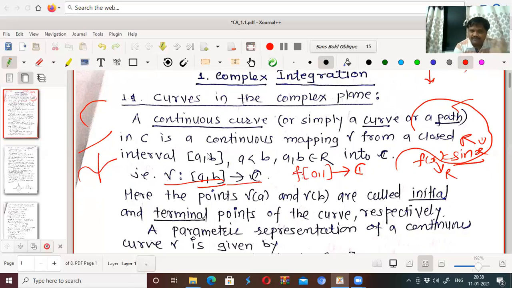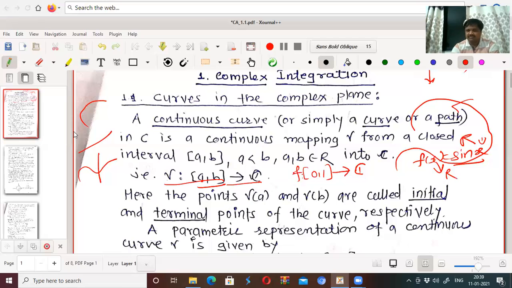It should be a closed interval to complex plane C. If such thing occurs, then this type of diagram is called continuous curve.